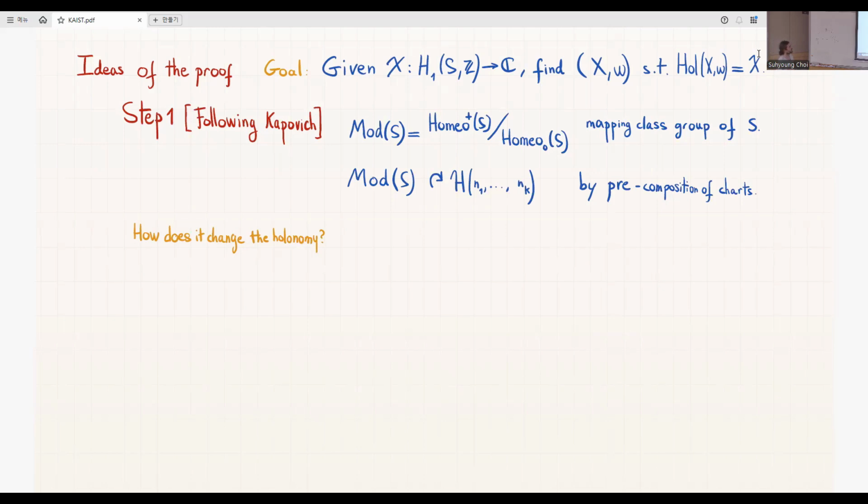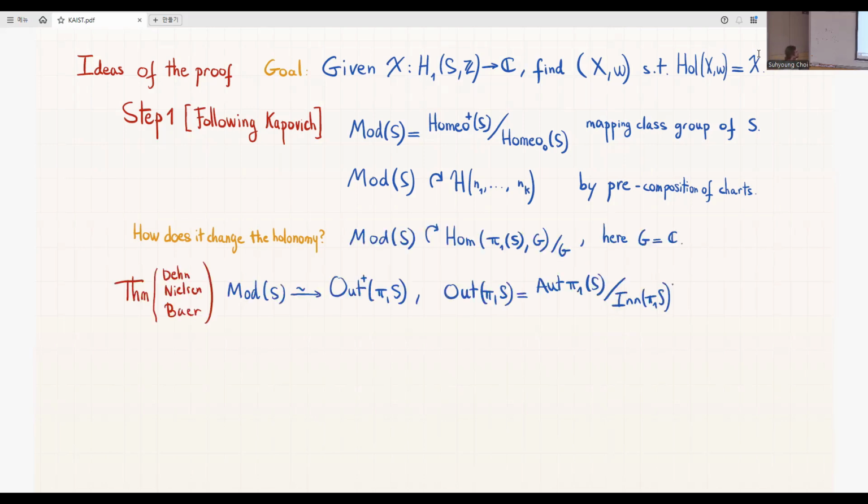And this group acts on translation surfaces, right? Because if you have a translation surface, you can just pre-compose the charts and you haven't changed much, you get a new translation surface. And the question is, how does it change your holonomy?